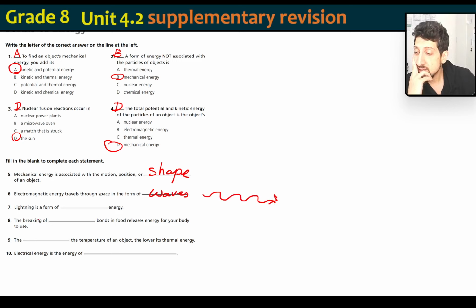Okay, lightning is a form of what energy? So it's electrical as well as electromagnetic. So you can write electrical, but also, as the name suggests, it's also electromagnetic or light. That's what the EM stands for, electromagnetic. The breaking of what bonds in food releases energy for your food use? I hope you remember this from term 1. Remember we said that energy is stored in the bonds.